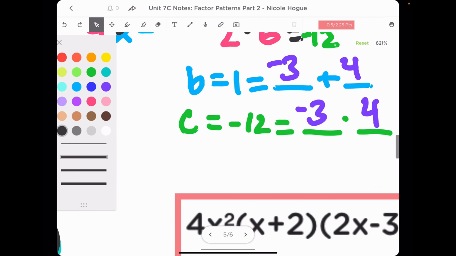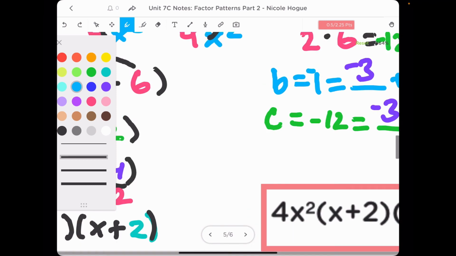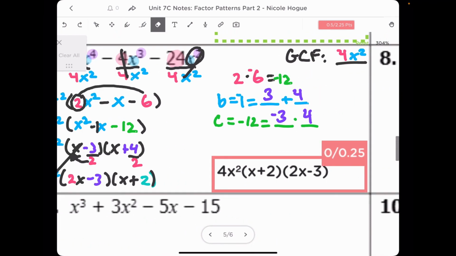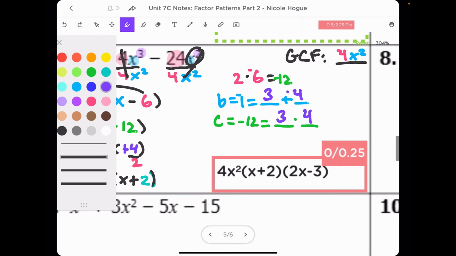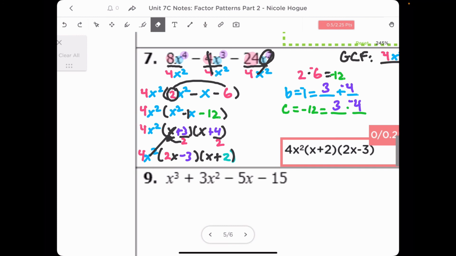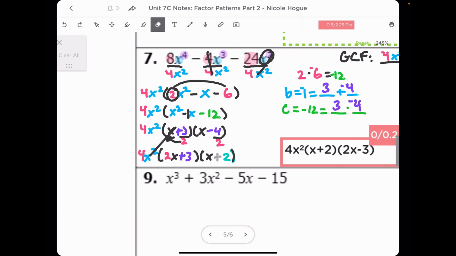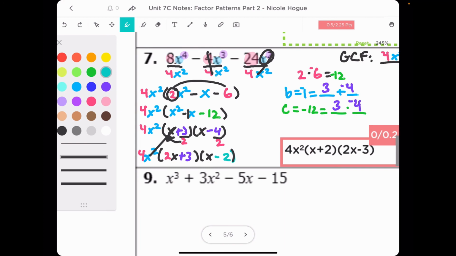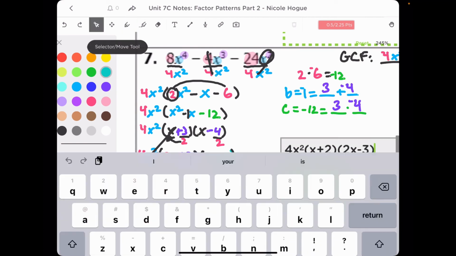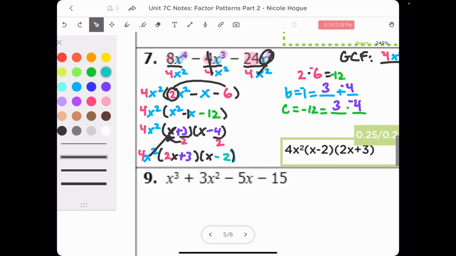Here we wanted this to be -1. Way to go, Mrs. Hogue. Since we wanted that to be -1, that means our 4 needed to be negative. So this should have been +3, and this should have been -4. That means this is going to be 2x plus 3, and then x minus 2. So that's what happened there. Way to go, Mrs. Hogue. So x minus 2, and then 2x plus 3. And there we go.